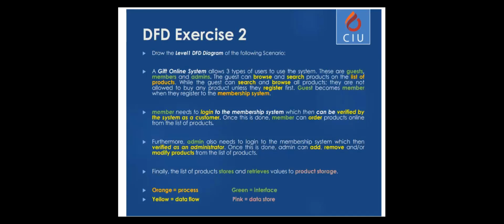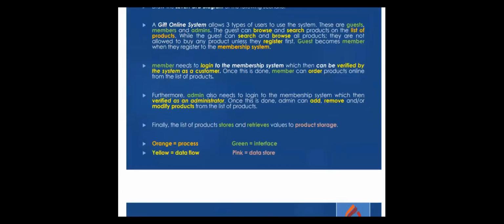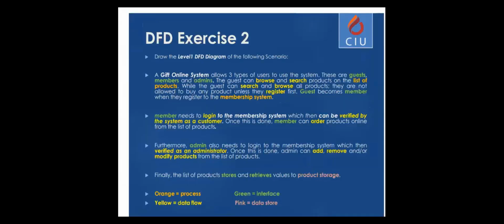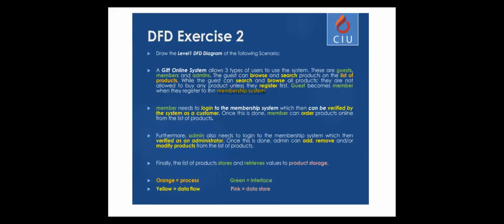As you can see in this exercise, everything is color-coded again, and so you can immediately tell which interactions are happening as data flow, which are the external entities, and you can also see the processes. As you can see, there are multiple processes in the system, such as the list of products and the membership system. You can immediately say that this DFD is at least level 1.